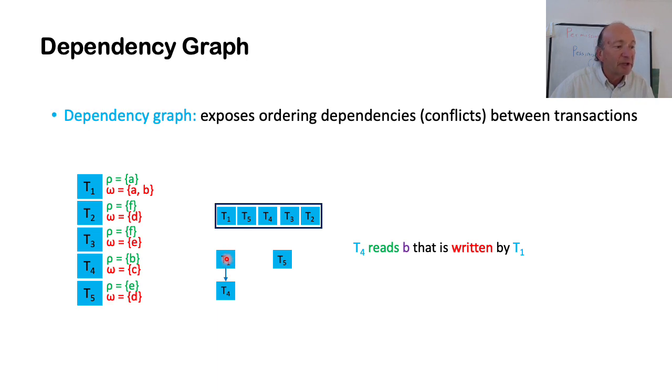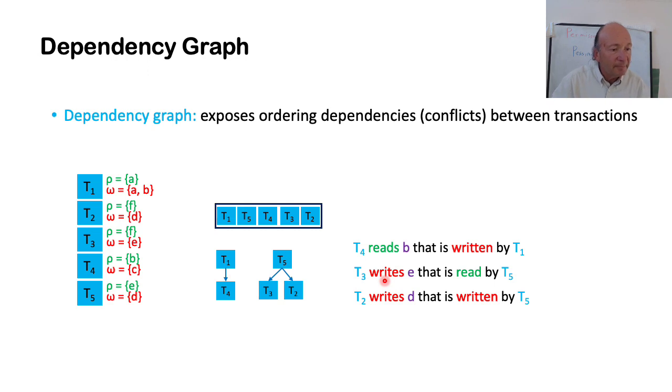So as a result, T1 must be executed before T4. Likewise, T3 writes E, that is read by T5, and T2 writes D, that is written by T5.